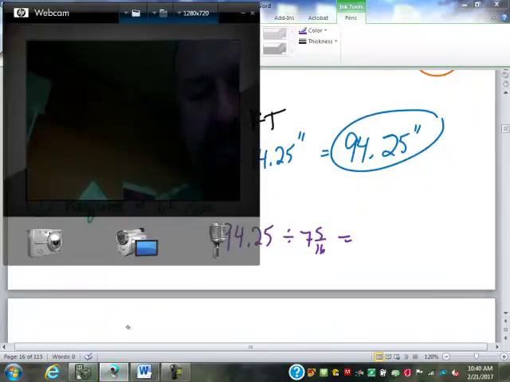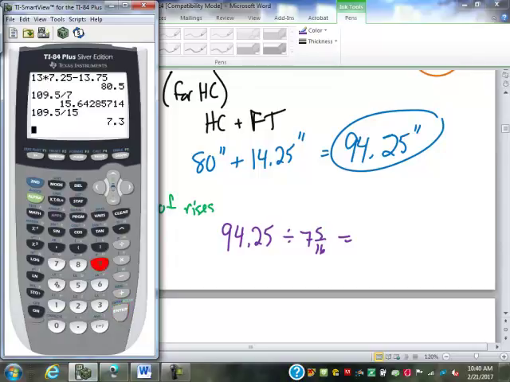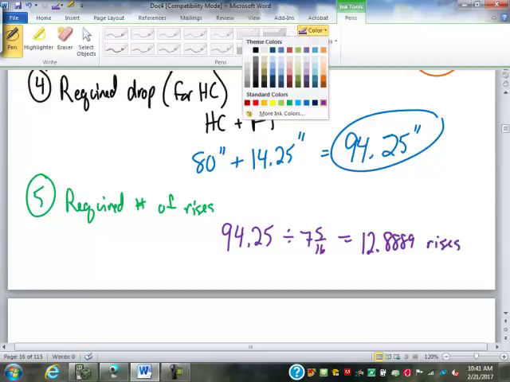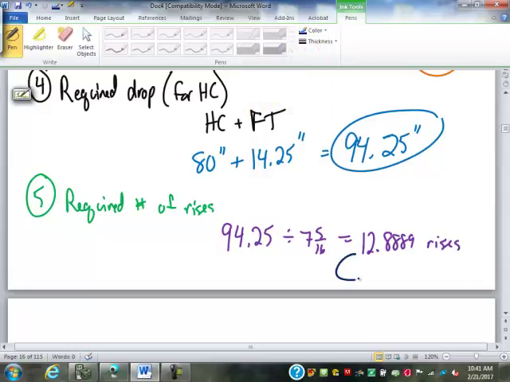This is going to be a little trickier here. 94.25 divided by. Now your calculator does fractions for most of you. I've got to put mine in as 7 plus 5 divided by 16 in parentheses. Now I'm going to get 12.88888. 12.889 rises. That number we will always round up. 13 rises.